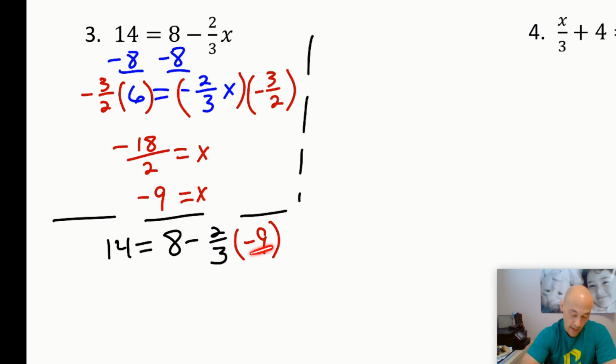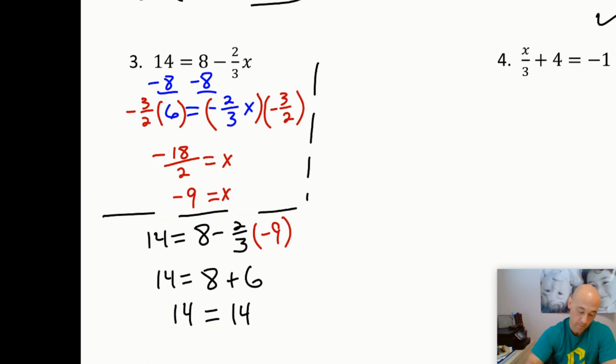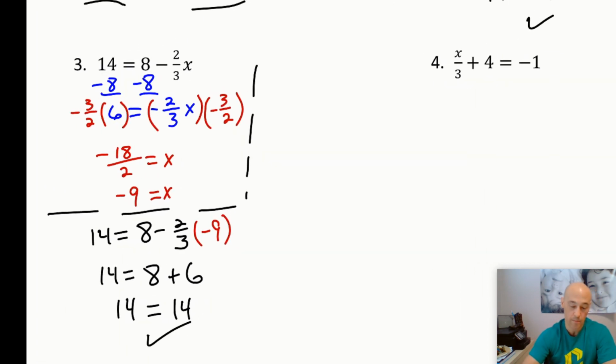Negative 2/3 times negative 9/1, that's going to be a positive 18/3, which is 6. So this is going to be 14 is equal to 8. And because it was a negative times a negative, it's a positive 6. And now 8 plus 6 is 14, and it checks.